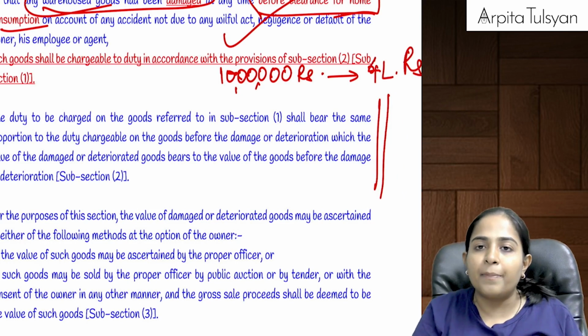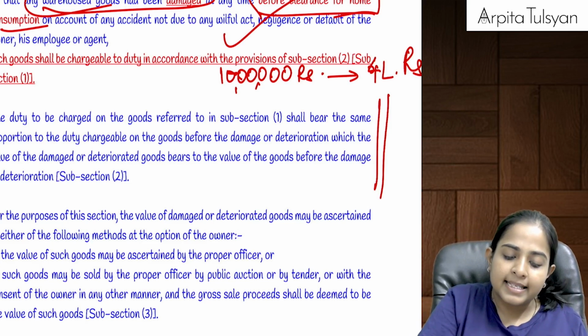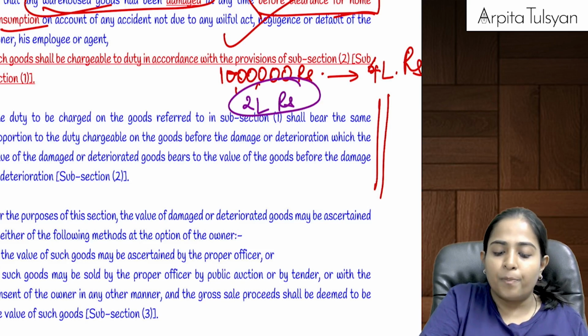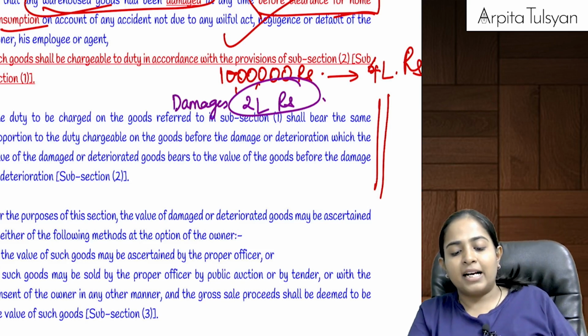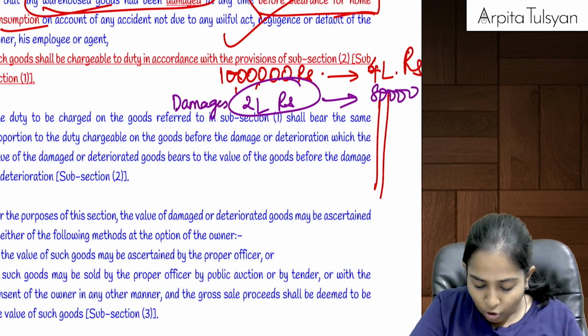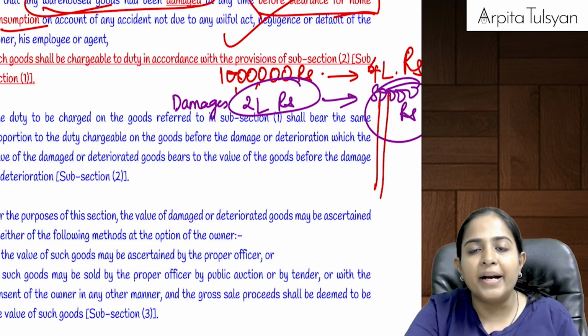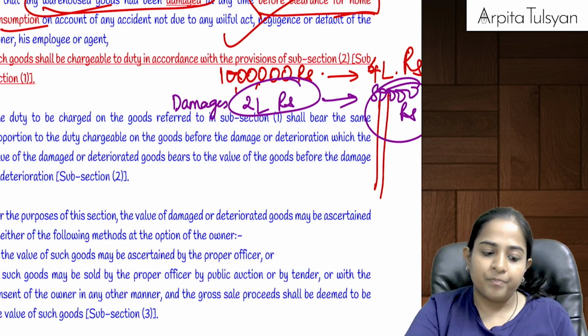Now out of this, let's say 2 lakh rupees goods have been damaged or deteriorated. So can we say corresponding duty will be 80,000 rupees. Normal proportionate duty will be 80,000. So you will get an abatement of this 80,000. Are you clear with this?